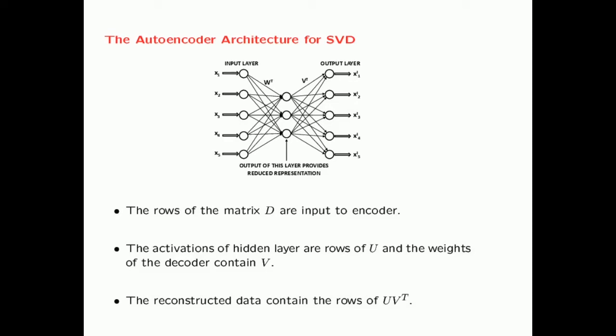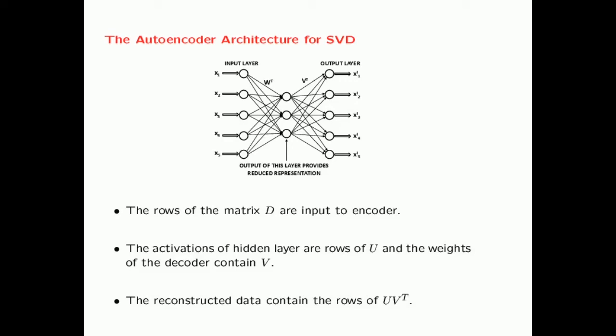In this case, the output of the hidden layer can be shown to be the rows of the matrix U if the input layer is fed the rows of the matrix D. Now the weights of the decoder contain the matrix V transpose. Since there are K units in the hidden layer and D units in the output layer, the matrix V has to be a D cross K matrix, so V transpose is a K cross D matrix.